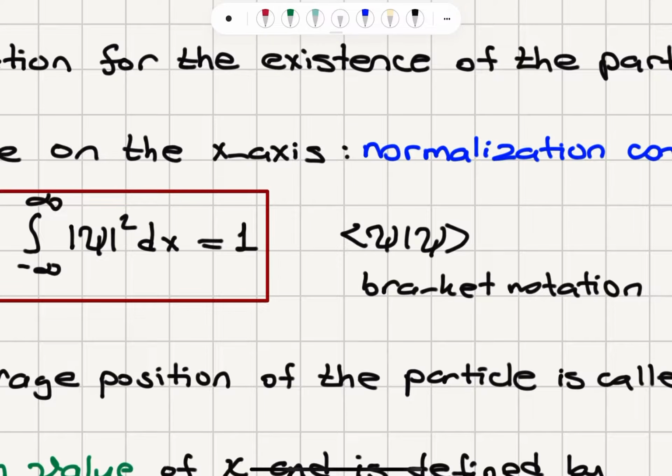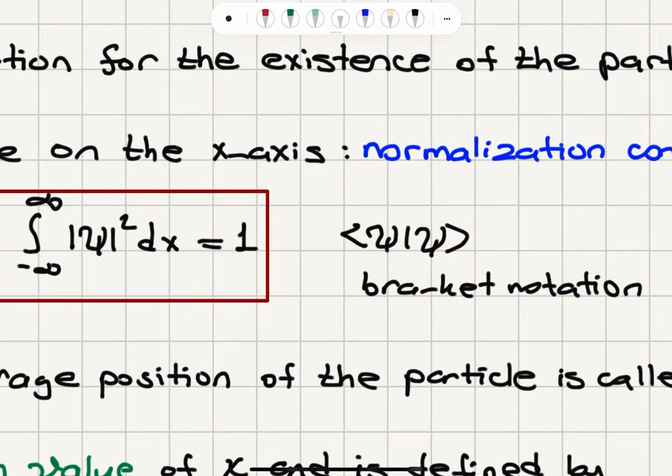Now, this is basically shown with the notation introduced by Dirac. That's basically showing these angular brackets. If we have this angular bracket to start with, which is the less than sign, this is going to give us a bra.